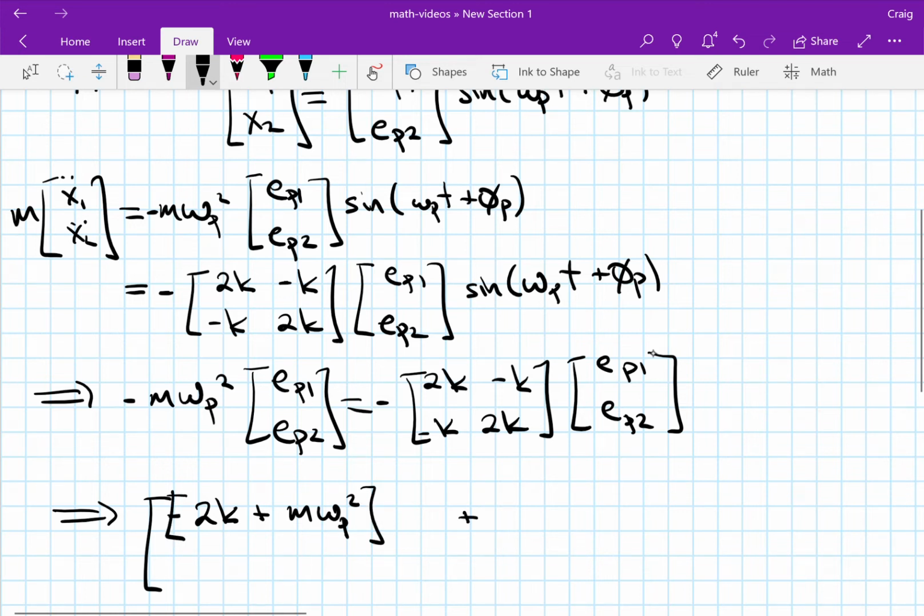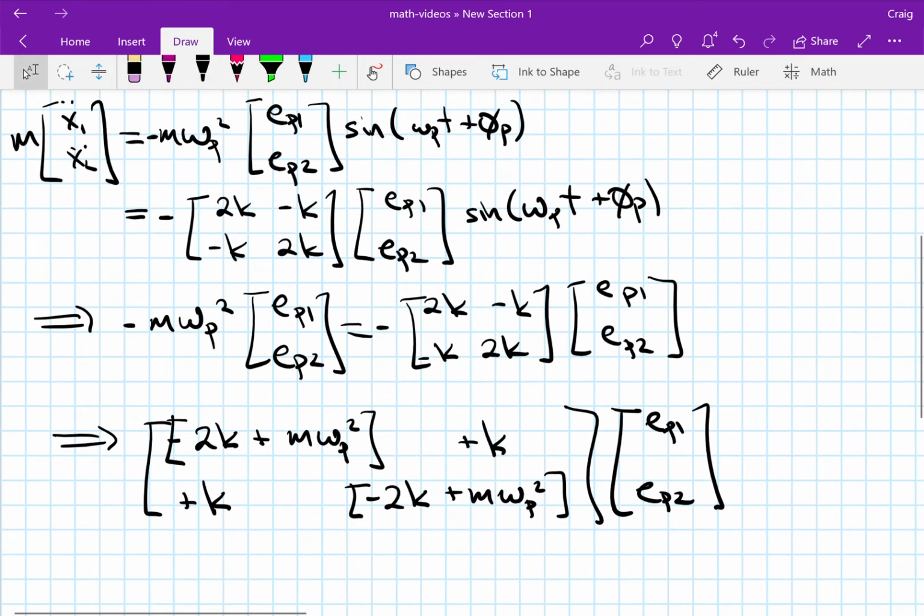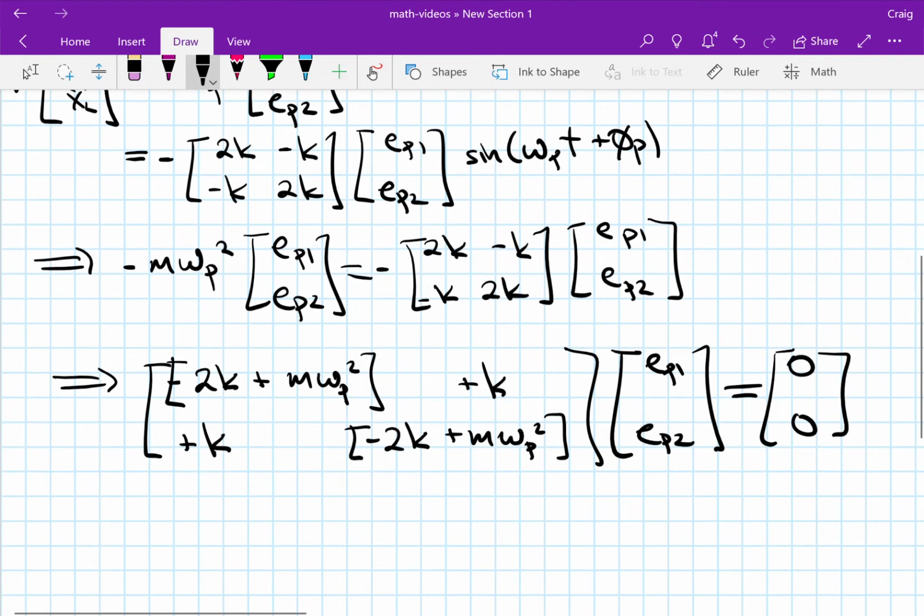Then I have a plus k, and then I have a negative 2k plus m omega p squared. So I've taken what was on the left hand side and I've added it to the right to get to this expression right here. And that's all multiplying EP1, EP2. And that's supposed to be equal to 0 because I put everything on the same side of the equation.